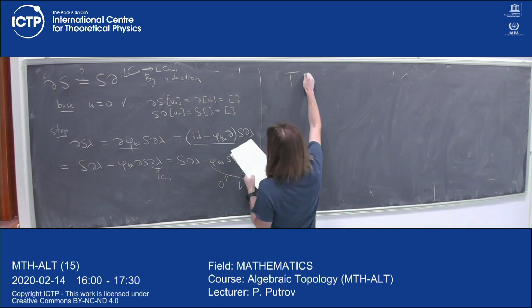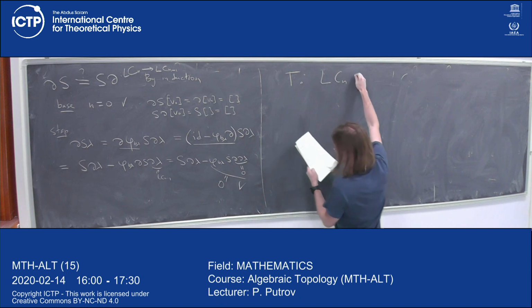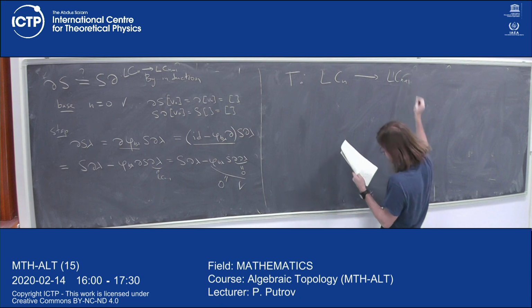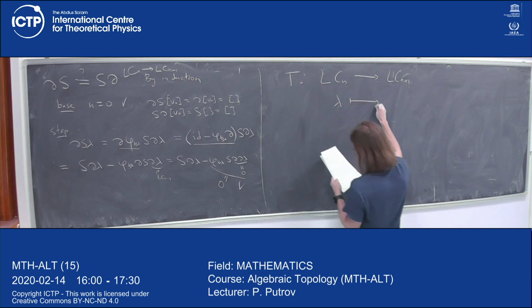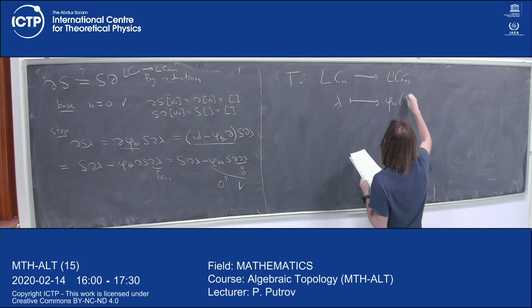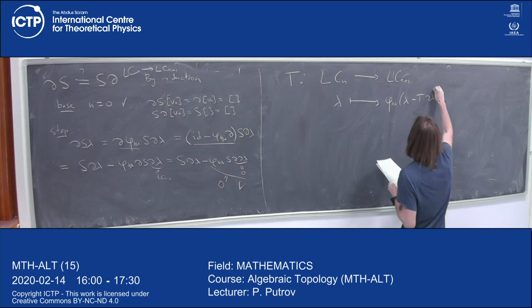So we also need one more homomorphism from LC n to LC n plus 1. And we will also define it recursively by the following, from lambda minus lambda.